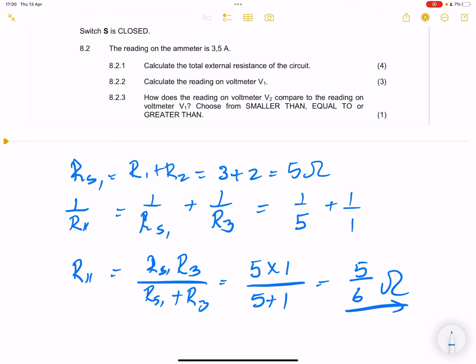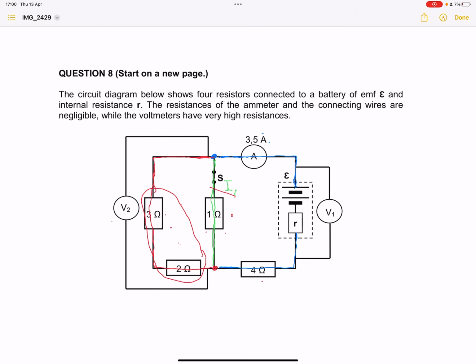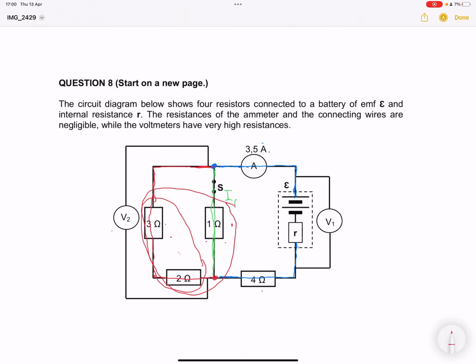right? So it means that essentially we've taken all of those resistors combined and made them into one resistor, and the effective resistance of that will be 5 over 6, right? The effective parallel resistance, that is. Now remember, what I've essentially done is taken all of those resistors and made them the 5 over 6 ohms, right?